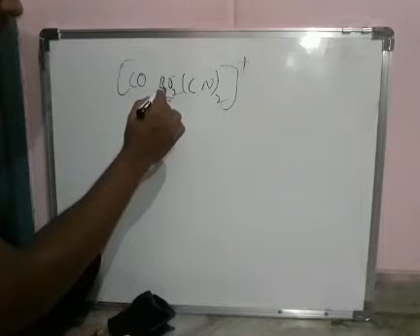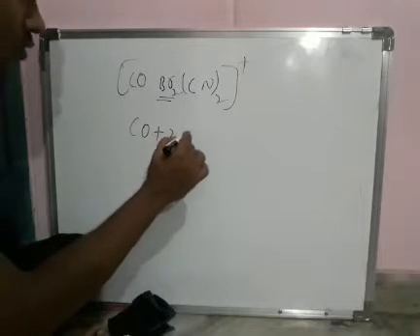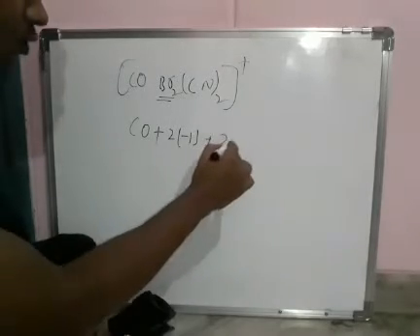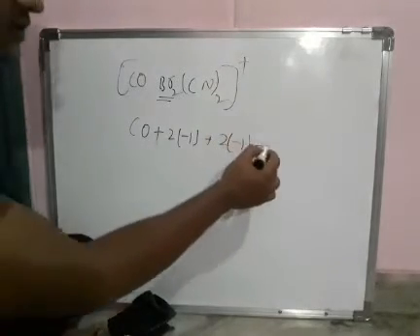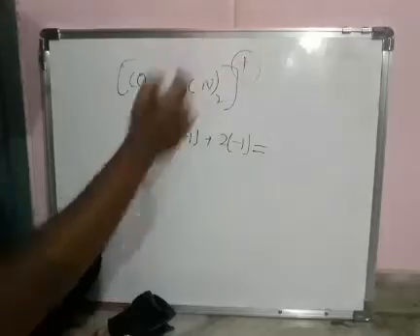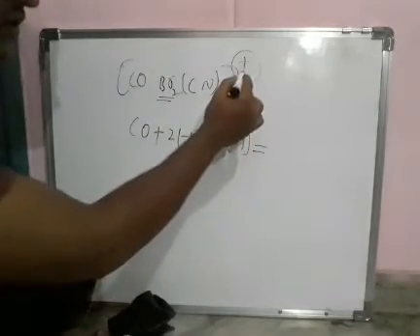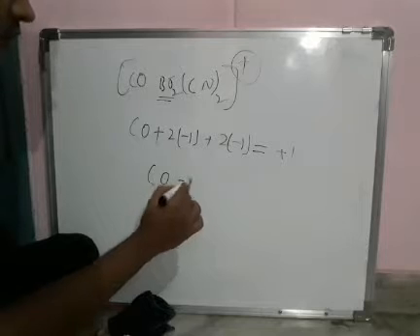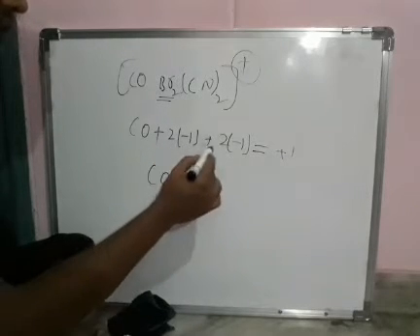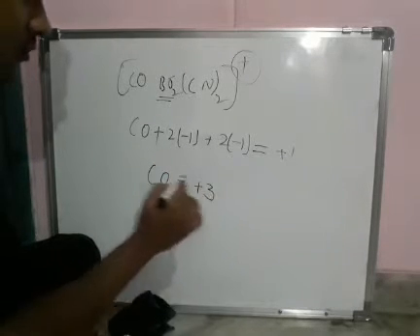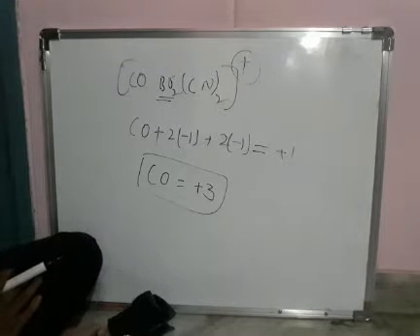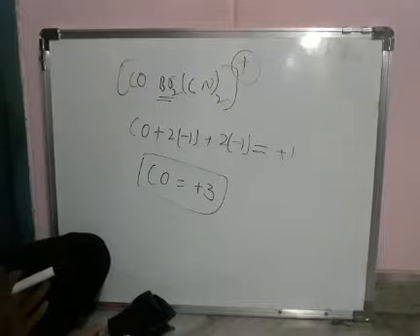How many bromines are there? 2 bromines, 2 into minus 1. Cyanide is also a negative ligand, 2 into minus 1. This equals the coordination sphere charge, which is plus 1. So cobalt equals minus 2, minus 4 on the other side, so it will become plus 3. This is the oxidation state of cobalt in this molecule.